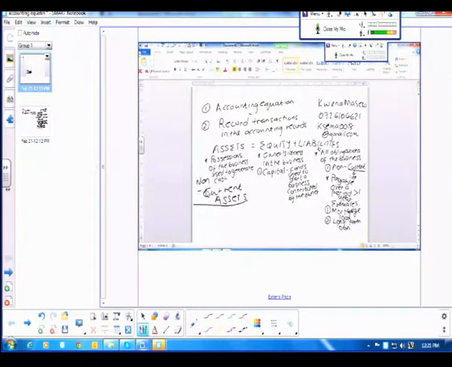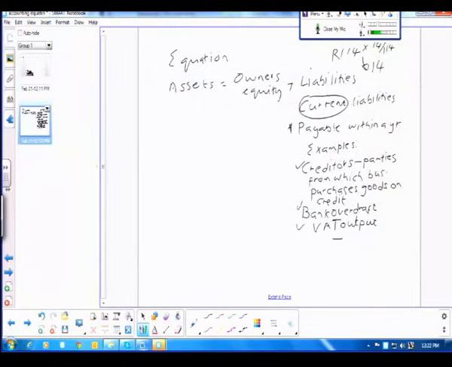So when we talk about non-current assets, we are talking about possessions of the business that can be held for more than a year.